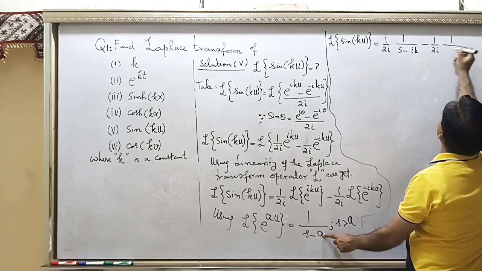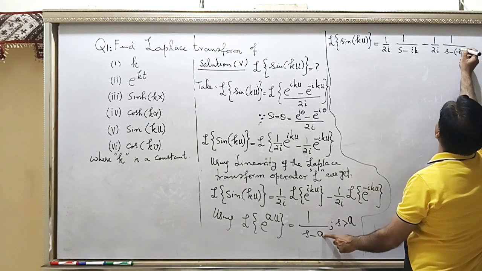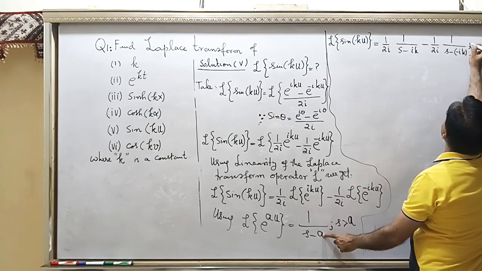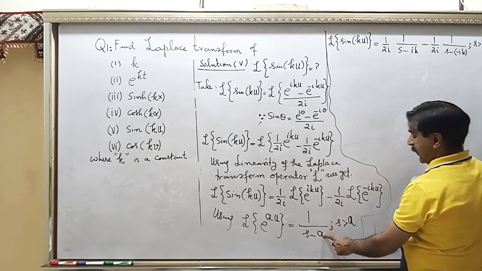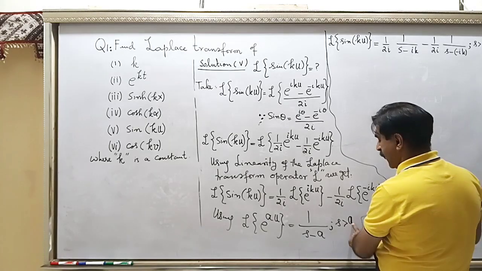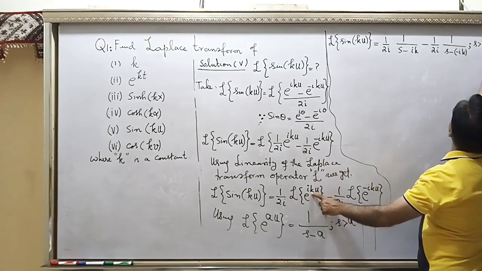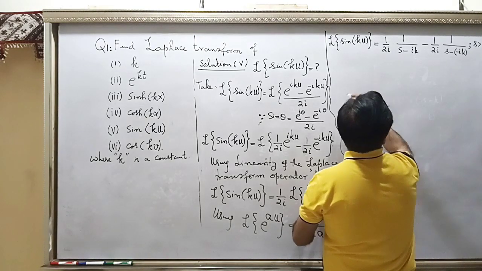So it is 1 over s minus minus ik, and the result is s greater than, in place of a, the constant k, s larger than k.